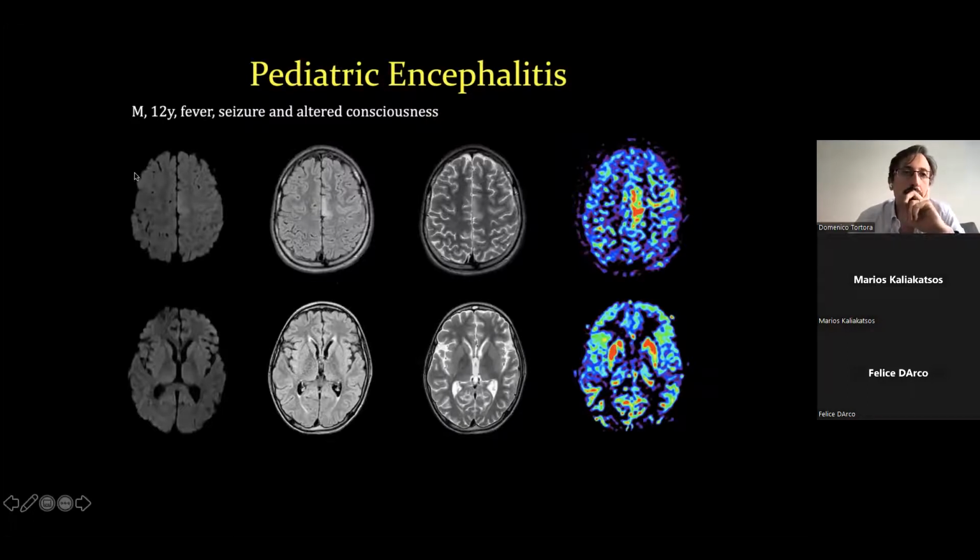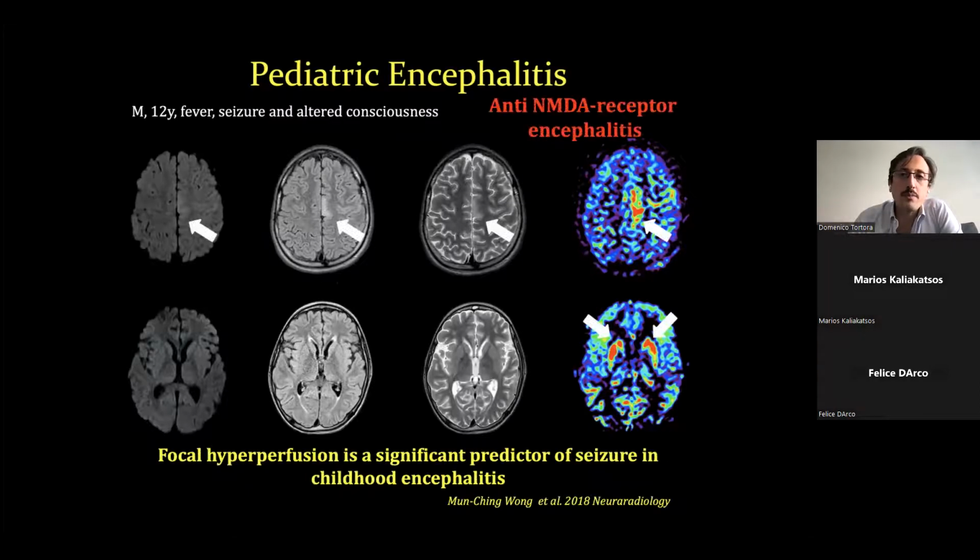You can see this region of restricted diffusion in the medial portion of the left frontal lobe, hyperintensity on T2 and FLAIR, and you can see that the ASL depicts very well the focal hyperperfusion of the region associated with the epilepsy. Also, the basal ganglia in patients with severe epilepsy during encephalitis are, in many cases, hyperperfused.